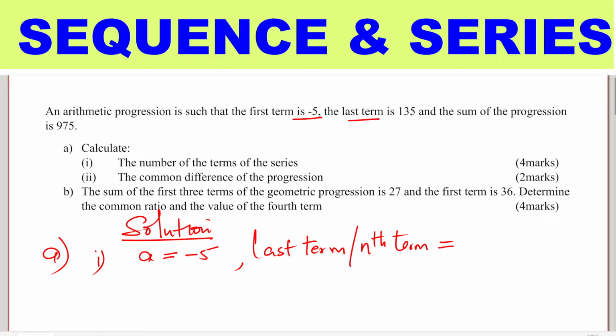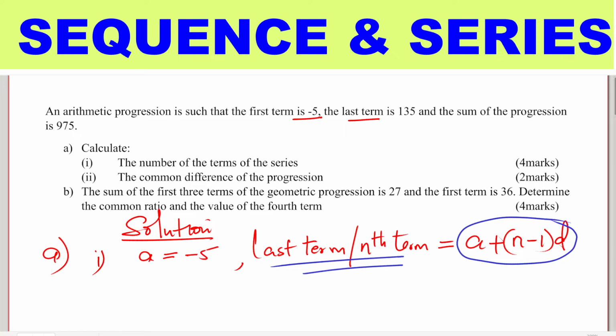It is given by this expression A plus n minus 1 D, where A is the first term, n is the position of the term. If it is the second, n will be 2. If it is the first, n will be 1. And then D is the common difference. So this is very important. That is how we get the last term. The last term is the same as the nth term.